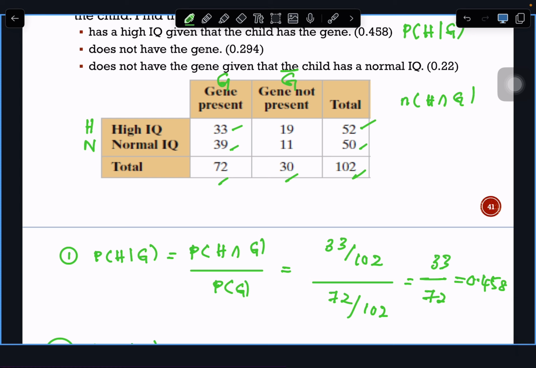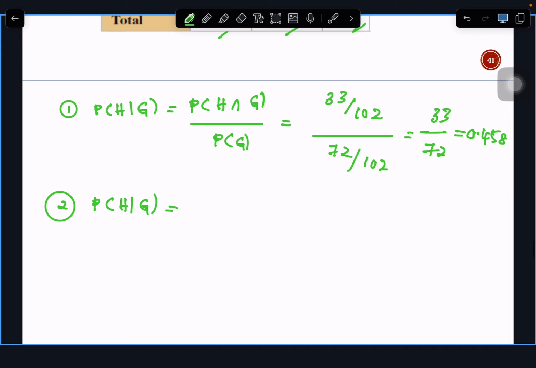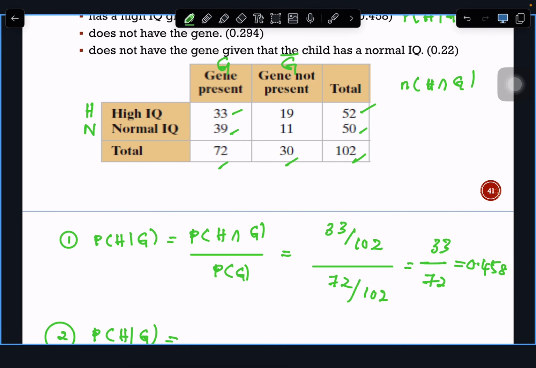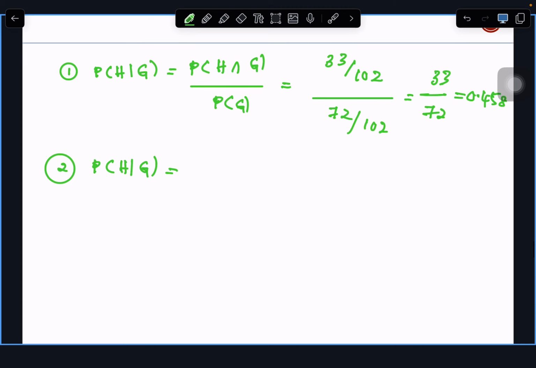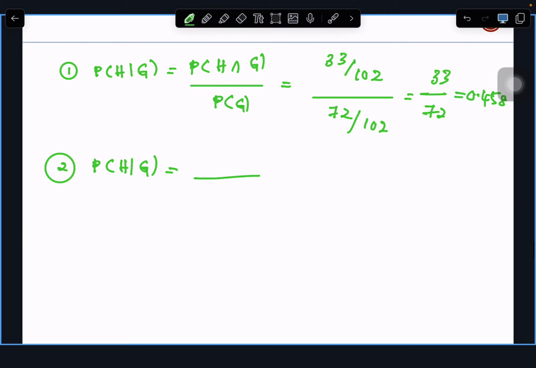Don't look at the other, because it says given G. Just look at the column G. How many G do we have? 72, correct? So we can put 72.